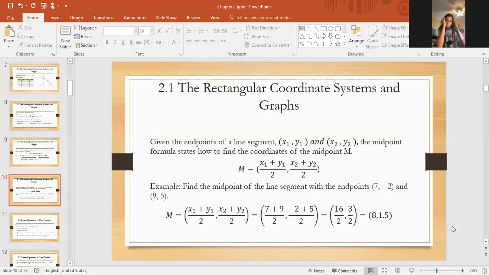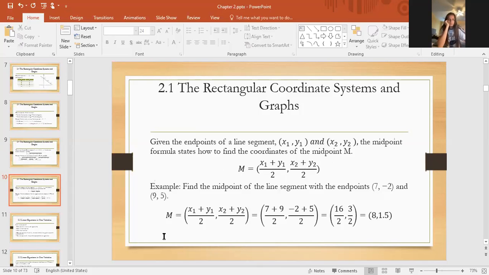When we have 2 points on a rectangular coordinate system, we may also want to find the midpoint of the 2 points. That is, if we draw a line joining the 2 points, what will be the middle? The middle is obtained by taking the average of the first values and the average of the second values. For example, here we have (7, -2) and (9, 5).